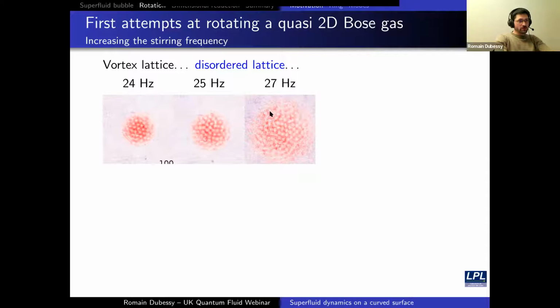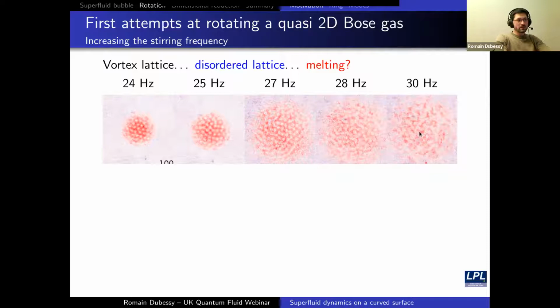So here we can still see individual vortices, but the triangular lattice is not well defined. And we can reach even a situation where it's very hard to see whether or not there are still vortices in the system. So we suspect that we see here some melting of the vortex lattice with the increasing rotation frequency.